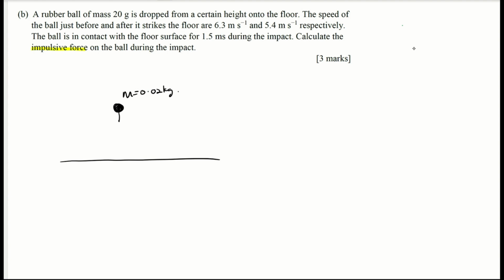Okay, dan dia ada U dia lah. U is downward, so negative 6.3 meter per second. Lepas tu dia akan sampai sini lah. Sama, ni pun sama U dia, negative 6.3. Dia kata ini adalah 6.3 is the speed before strikes the floor.